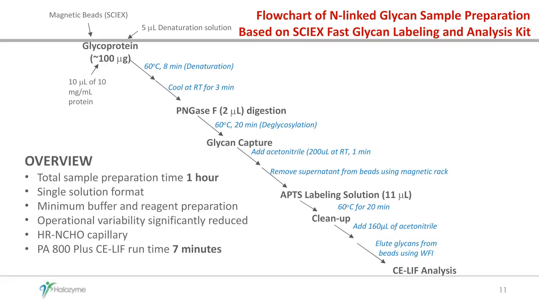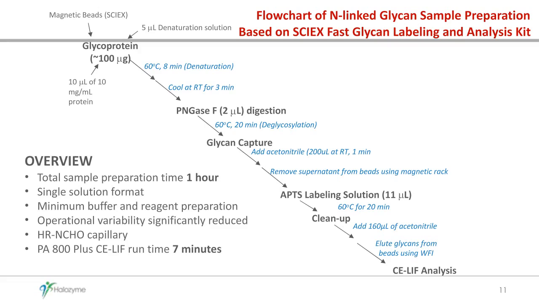When we have to handle a lot of samples, we do intend to use a 96-well platform. We haven't used that yet, but we currently use just our magnetic rack. As part of the kit they provide a small magnet, but you can buy these magnetic racks from anywhere, so you can increase the number of samples.